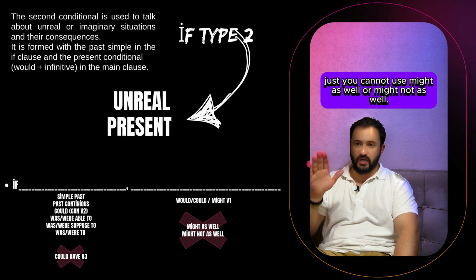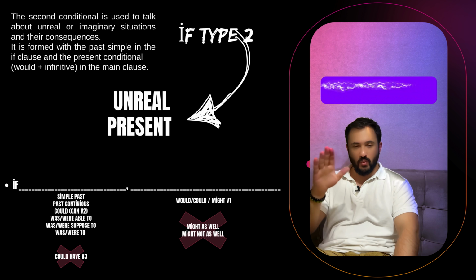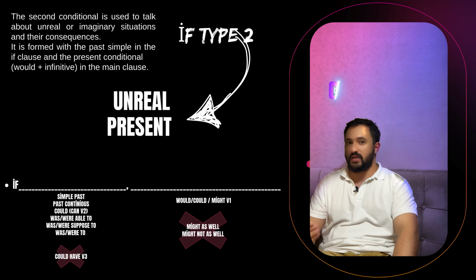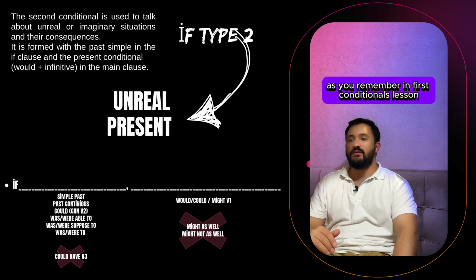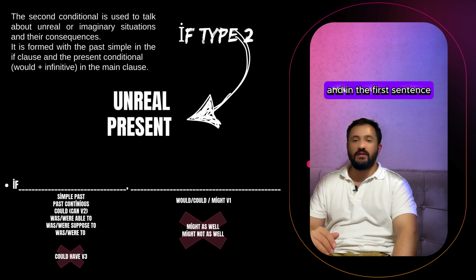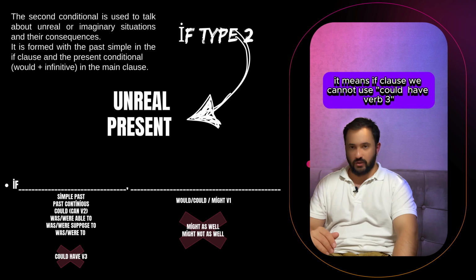Just, you cannot use might as well or might not as well. Why can we not use might not as well or might as well? Because we use them, as you remember, in the first conditionals lesson. This can be used in the first conditional's main clause. And in the first sentence, the if clause, we cannot use could have verb 3. Why?